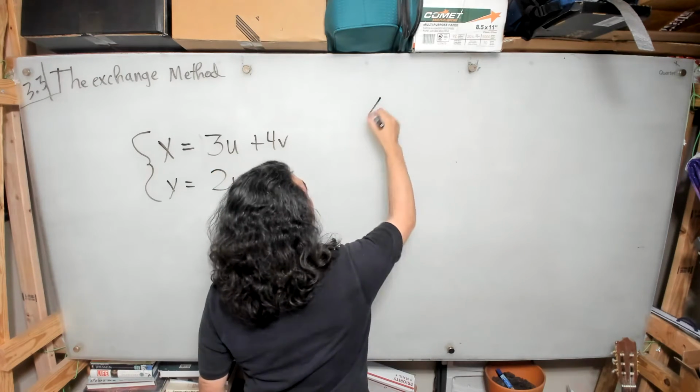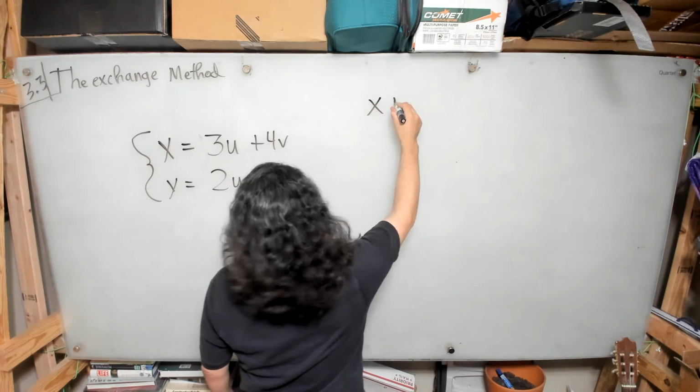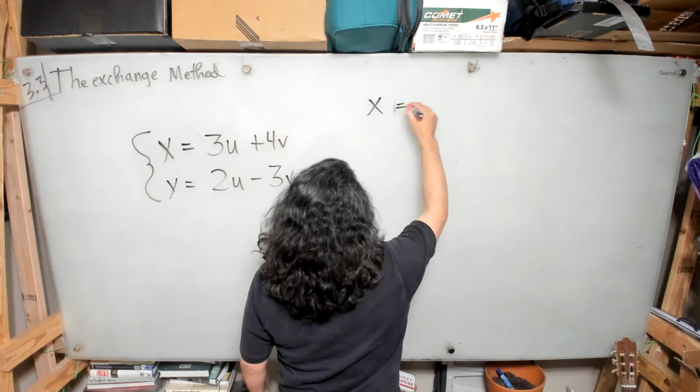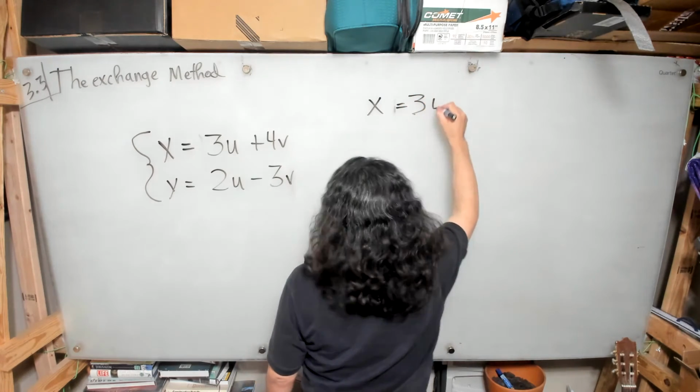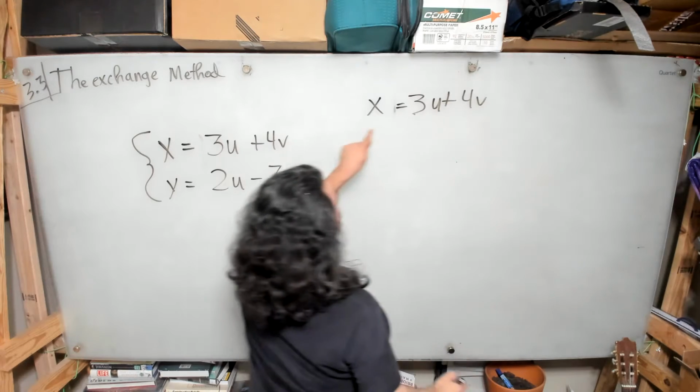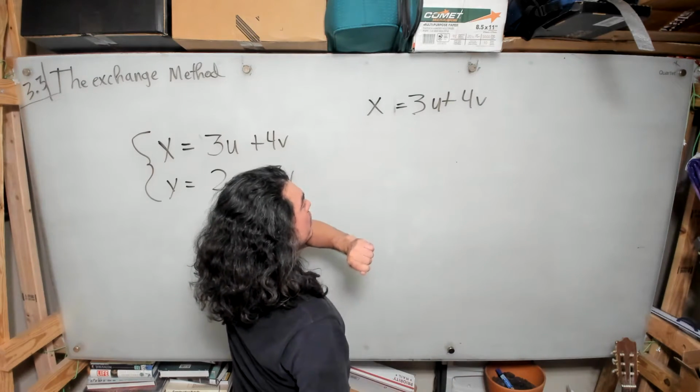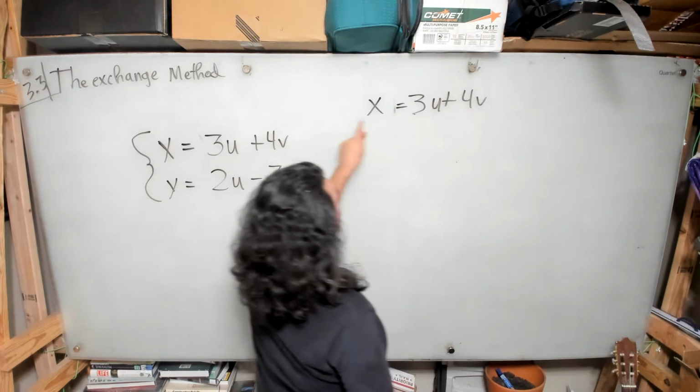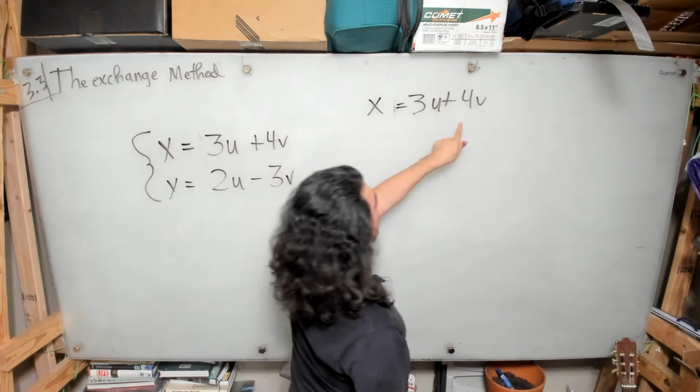So I would say, okay, x equals 3u plus 4v. I would subtract the 4v to the other side, and then I would divide both sides by 3.